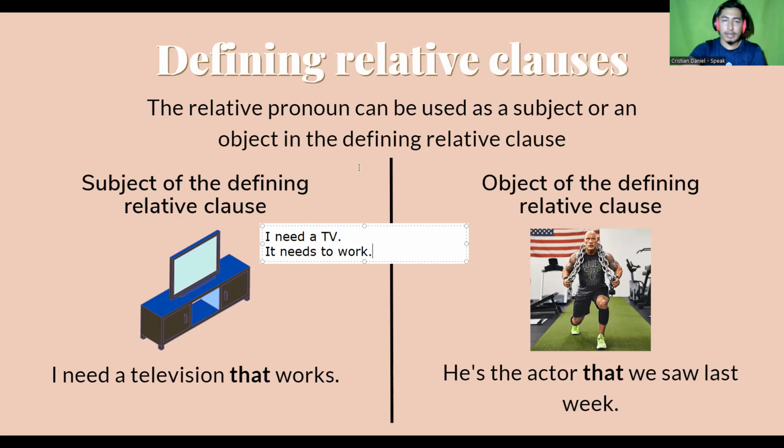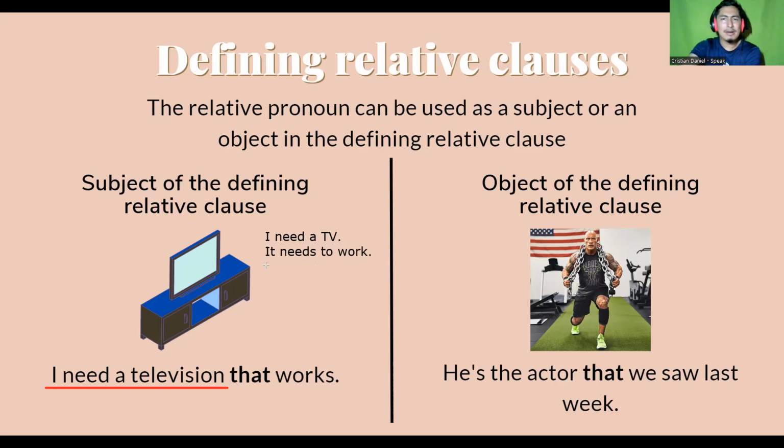But it needs to work. The first sentence is, I need a television, and we have all the information over here. But even though I have the complete sentence, I don't have any important information. What is the essential information that I need? Oh, it needs to work.